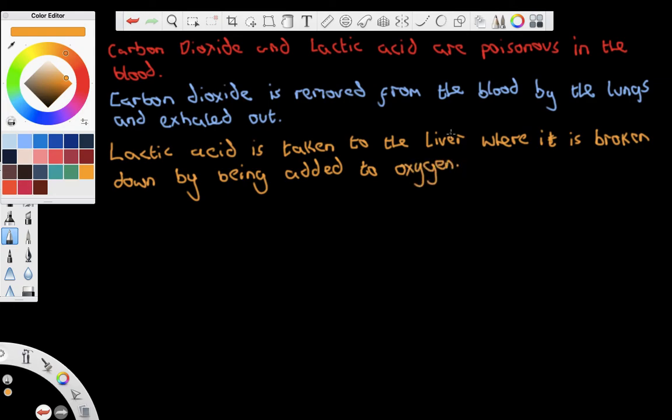Okay, so lactic acid is taken to the liver where it is broken down by being added to oxygen.